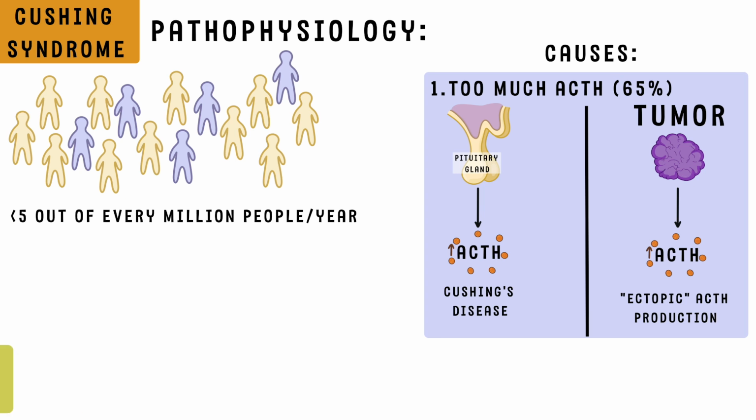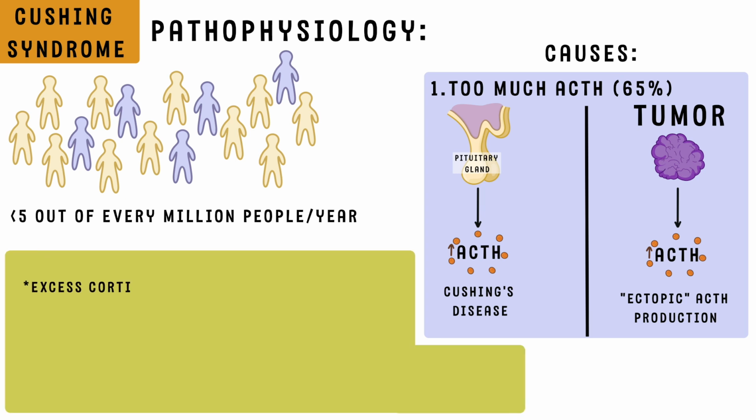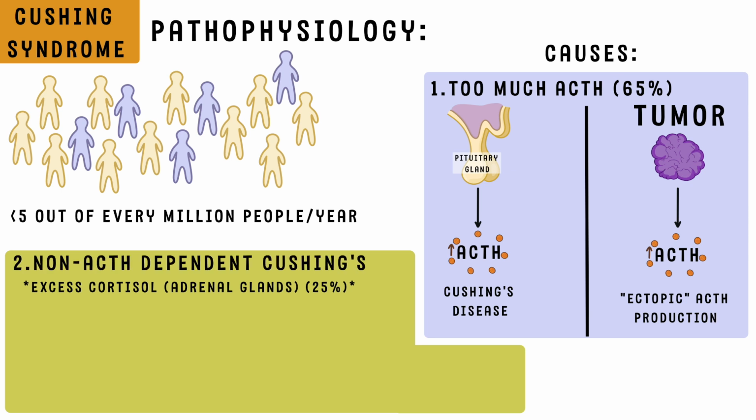The second problem is an excess of cortisol produced by the adrenal glands in 25% of cases, which is not caused by high ACTH levels. This is called non-ACTH dependent Cushing's. In those cases, the adrenal glands make too much cortisol on their own, usually due to a tumor or overgrowth of adrenal tissue.